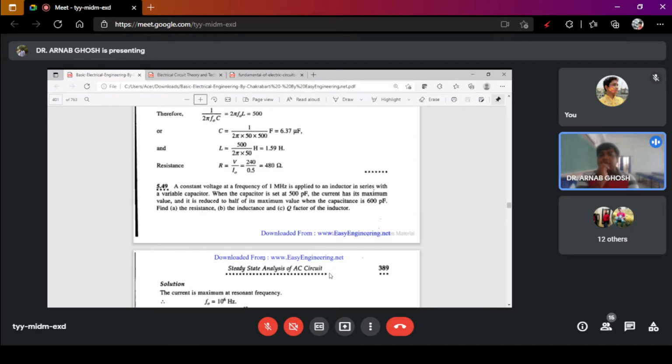It is given a constant voltage at a frequency of 1 megahertz is applied to an inductor in series with a variable capacitor.